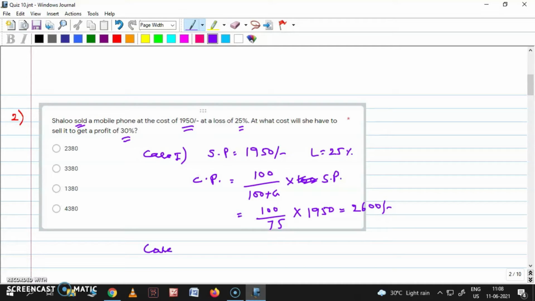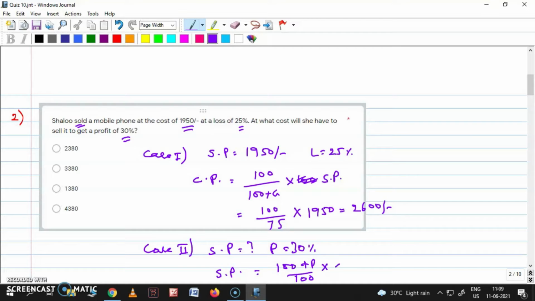How to find at what cost she will have to sell it so that the profit should be 30%? Here I need to find the selling price so that the profit is 30%. The same formula will be applicable. Selling price is equal to 100 plus profit divided by 100 into cost price.